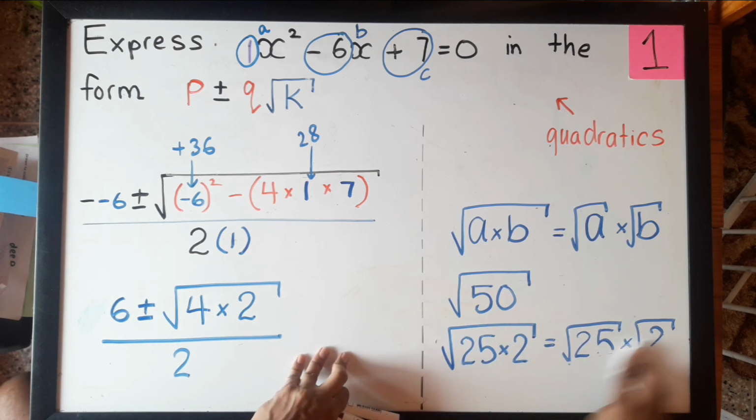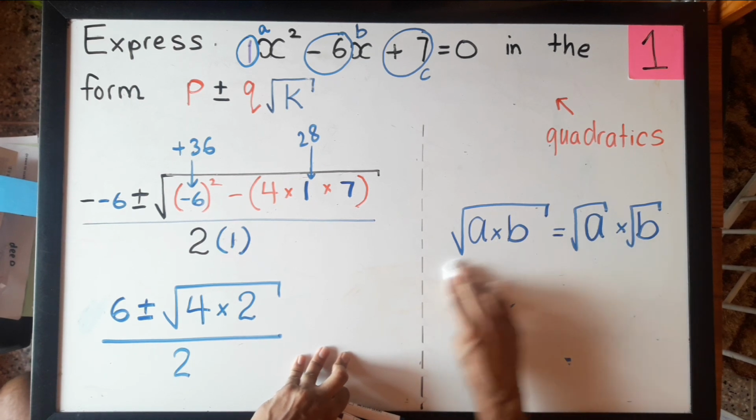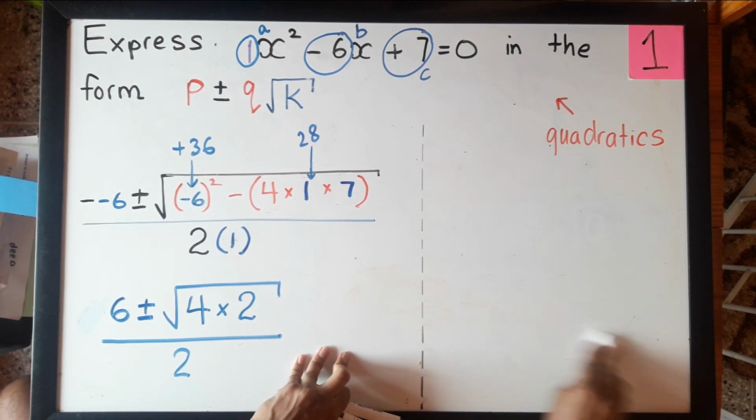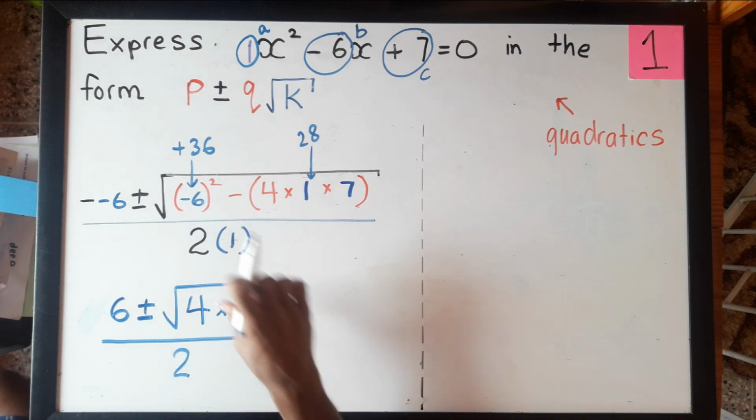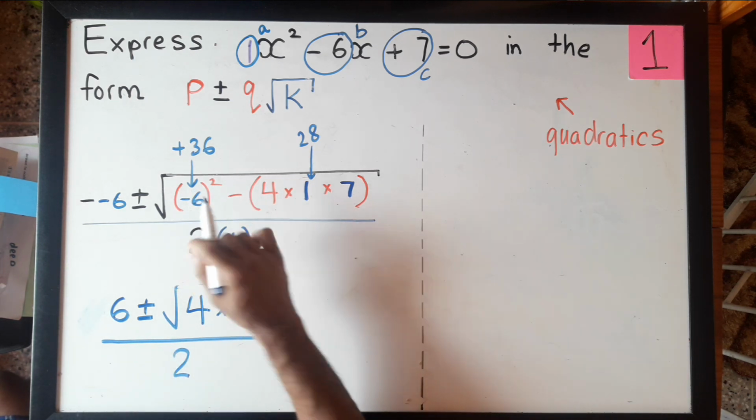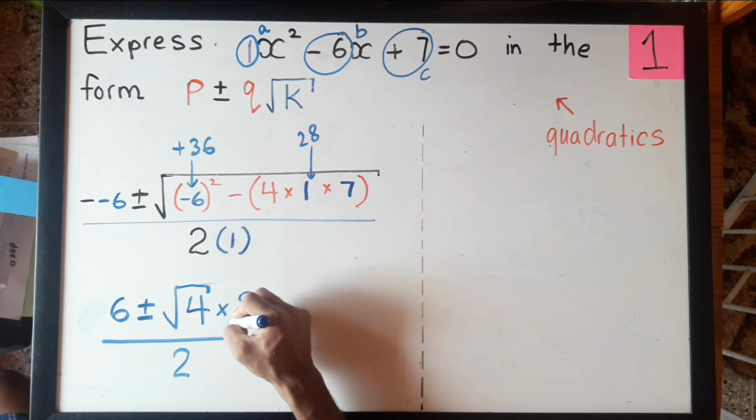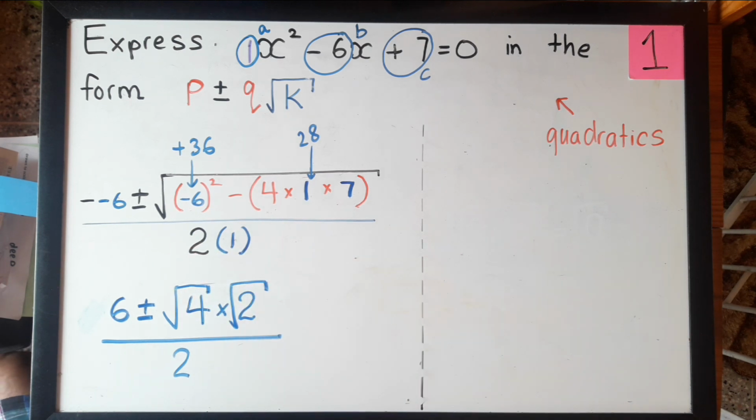So let's apply this concept to this question here. Now, remember we had 8 over here, and 8 is the same thing as 4 multiplied by 2. Because both of them are multiplied, I can erase the big square root sign and give each of them their own square root. Let's clear some space here.